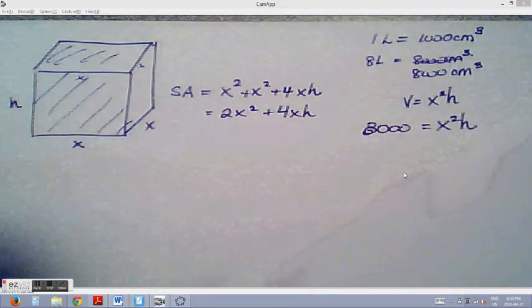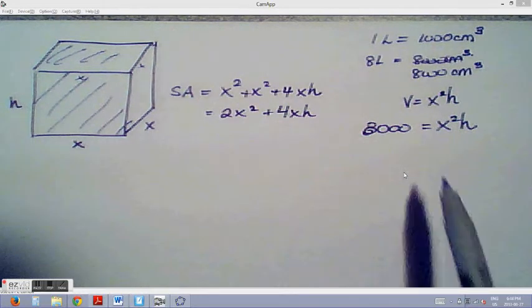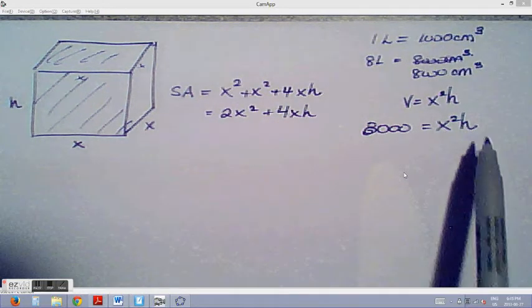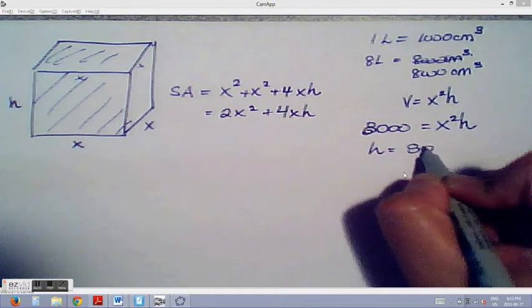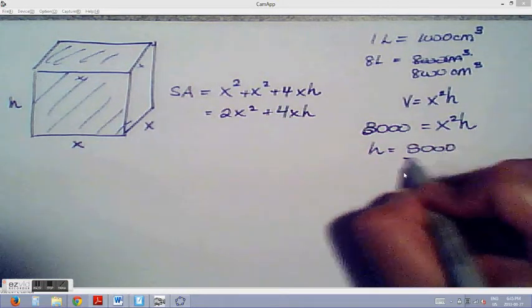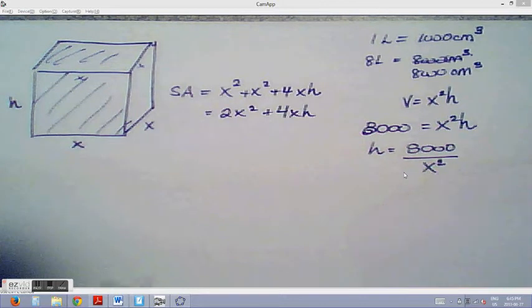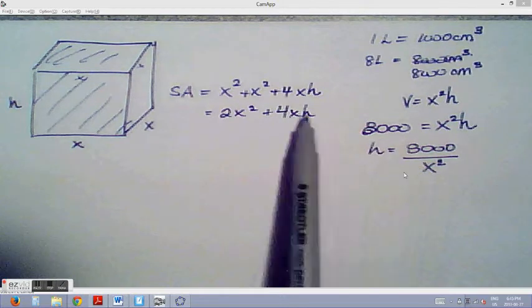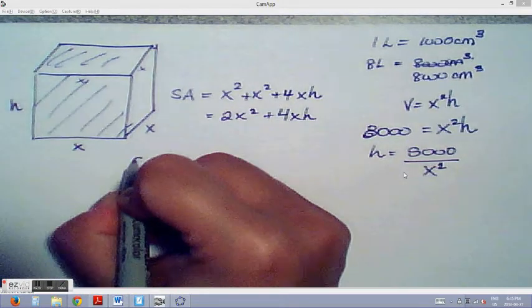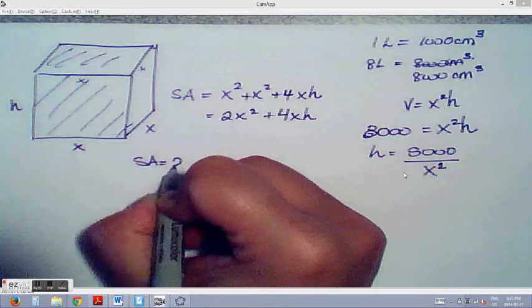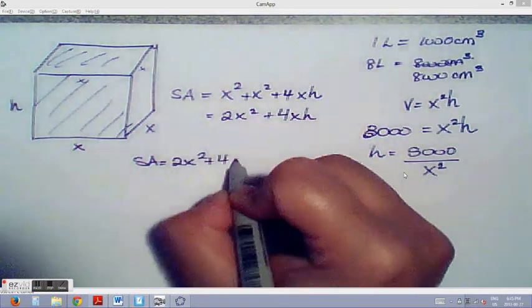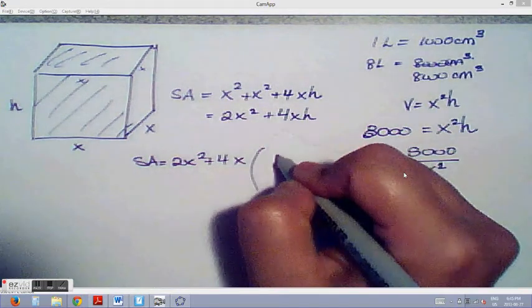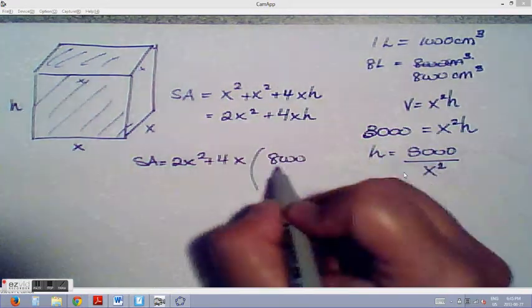8,000 equals x squared h. What's easier to isolate? I'm going to say h. I like h in this case. I really don't want to take any square roots, so I'm just going to leave that one alone. Let's take this now and plug it into our surface area. So surface area then is equal to 2x squared plus 4x times 8,000 over x squared.